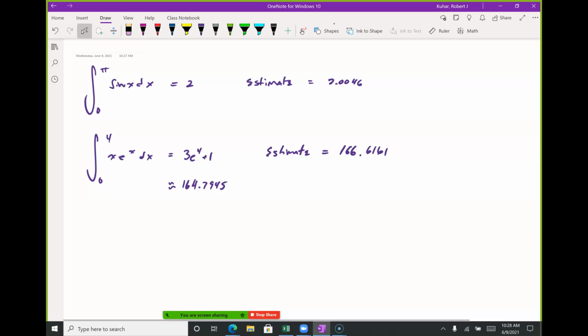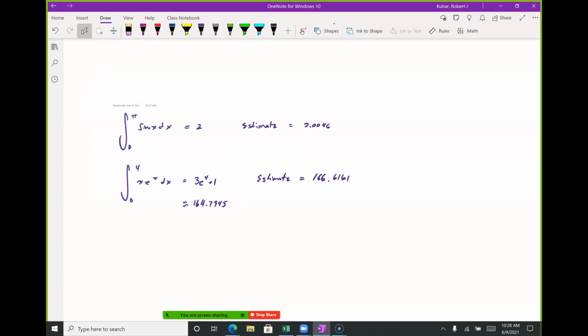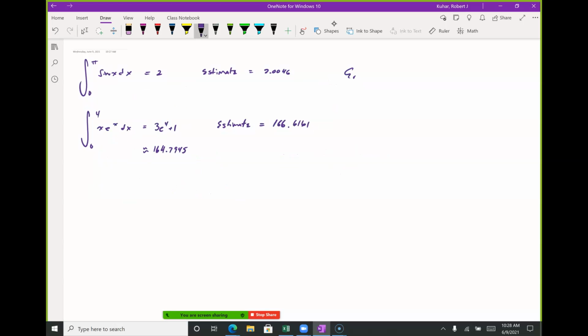Nice. So let's just calculate an error real quick, which is very simple, right? It's just the absolute value of the actual minus the estimate, right? So absolute value of 2 minus 2.0046. That one I don't need much help with. 0.0046.